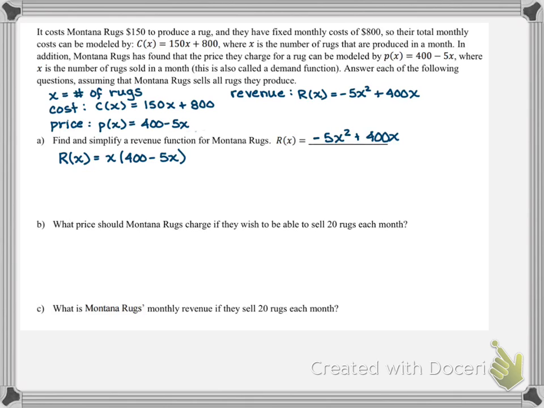So now we want to know what price we should charge if we want to sell 20 rugs each month. What function should I use? Yep, our price function. So we're going to find P of, well, our quantity is 20, so P of 20.